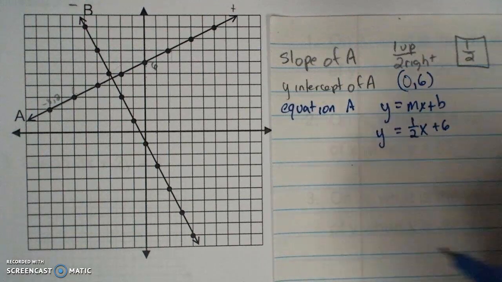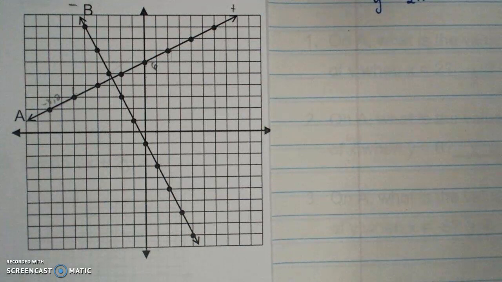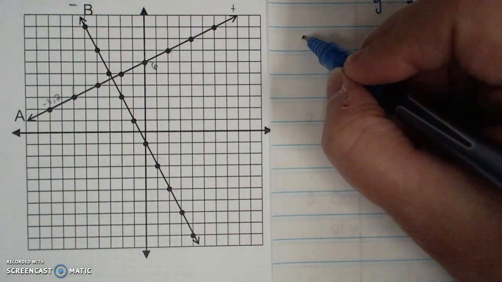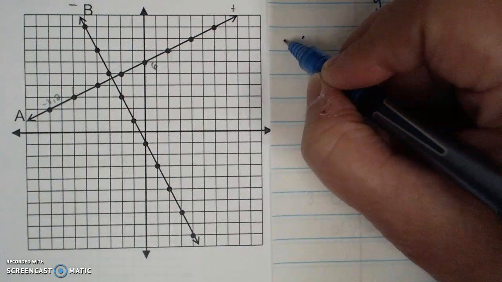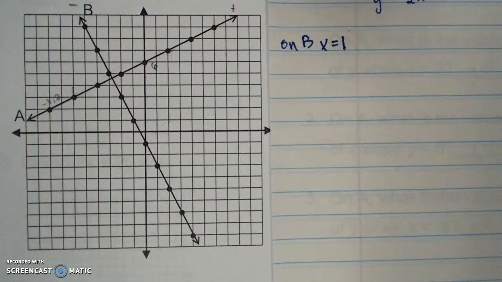Now we're going to transfer to B. And it says, on B, what is the value of y when x equals 1?